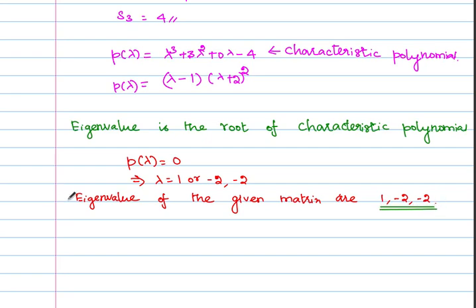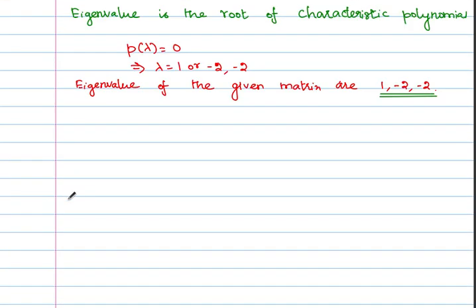So next step, we are going to see how to find the eigenvector. The eigenvector depends on your eigenvalue. Suppose lambda equal to 1, we are choosing lambda equal to 1, then you find the matrix A minus lambda I, x equal to 0.